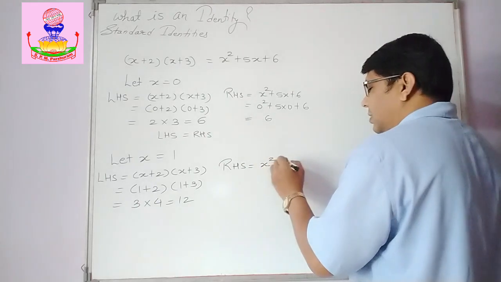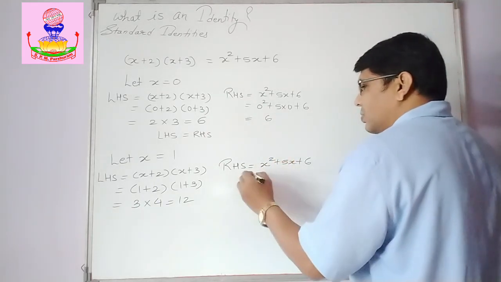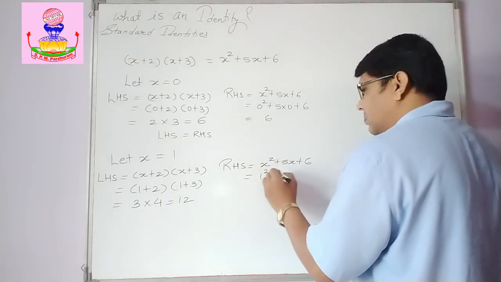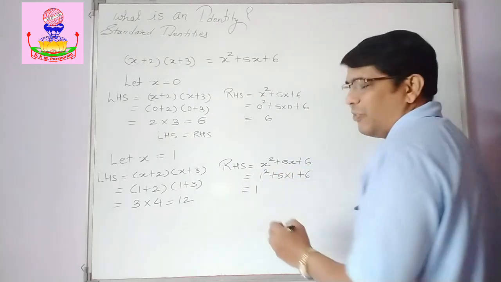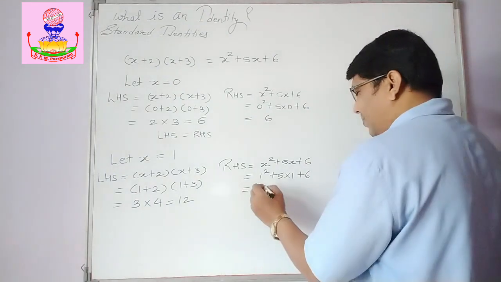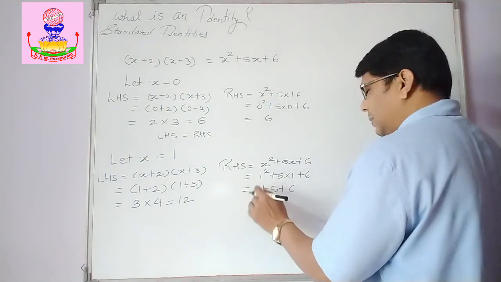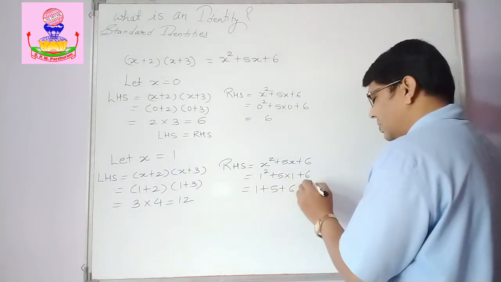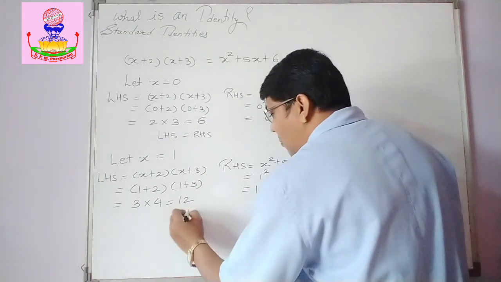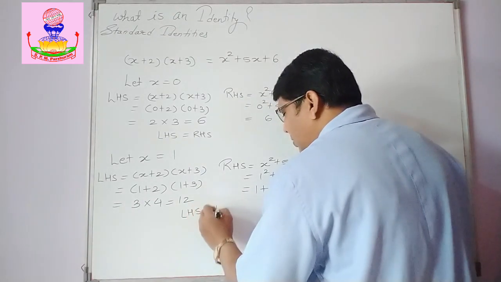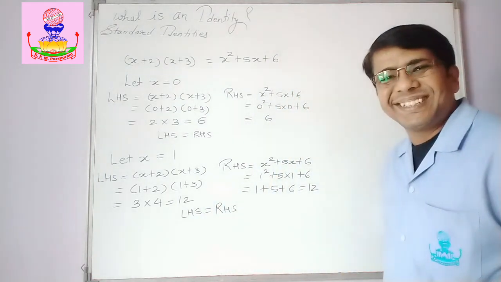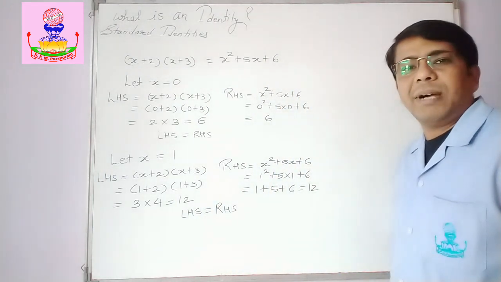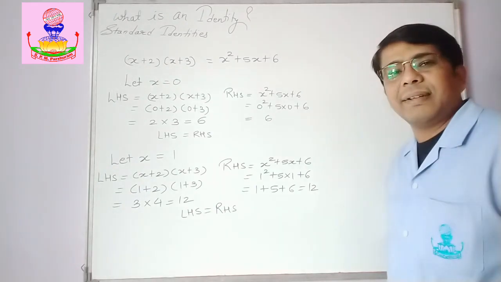And here RHS, x² + 5x + 6, that is 1² + 5 into 1 + 6. 1 square is obviously 1. So 1 plus 5 plus 6, 1 plus 5 is 6, 6 plus 6 is 12. Again what do you get? LHS is equal to RHS.